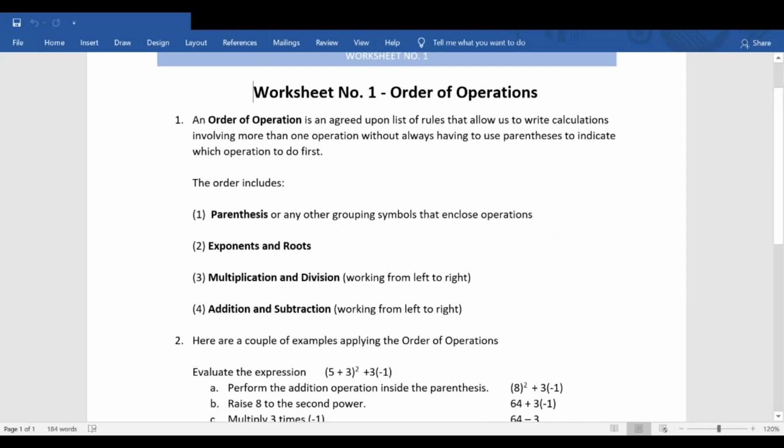Parentheses first, even parentheses within parentheses, you do those first. Exponents and roots, multiplication, division, working from left to right, because that makes a difference too. Don't start on your right and go left. Start on your left and go right. Adding and subtracting, start on your left, going right. Okay? I'm going to stop sharing that.